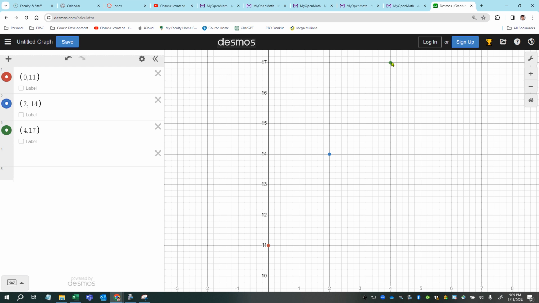That is an indication that we have a positive slope, right? You can picture yourself walking up a set of stairs, positive slope from left to right. If you're walking downstairs, it would have been a negative slope from left to right. But you can see very clearly everything's moving upward from left to right. This is a positive slope.